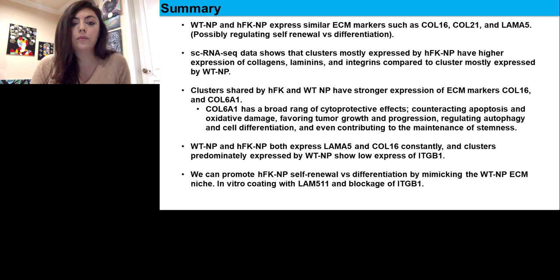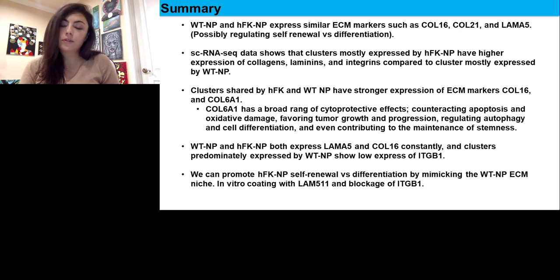We also see that Wilms tumor nephron progenitors and human fetal kidney nephron progenitors both express laminin 501 and collagen 16 consistently, and clusters predominantly expressed by Wilms tumor nephron progenitors show very low expression of integrin beta 1.